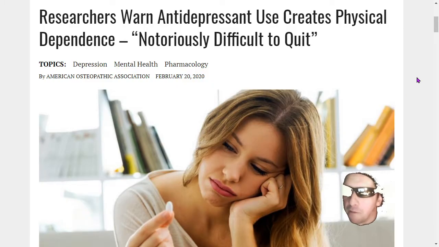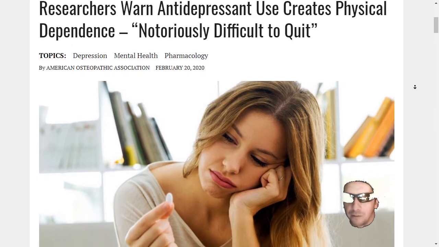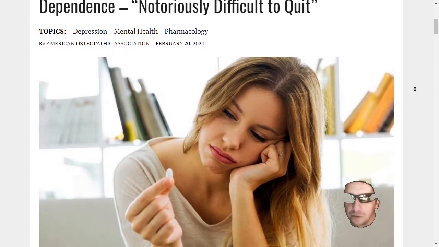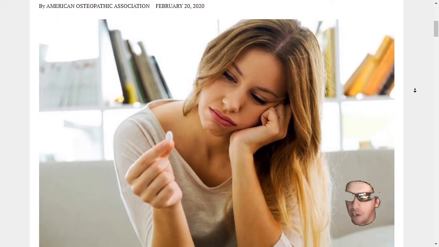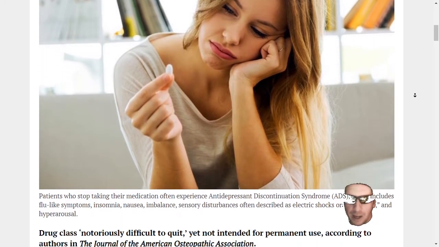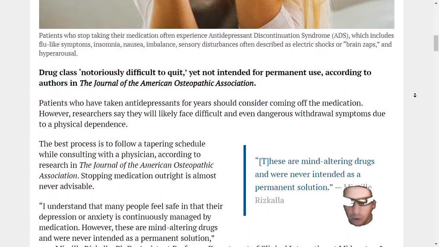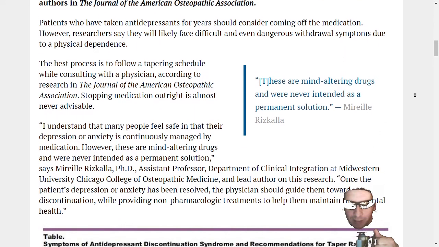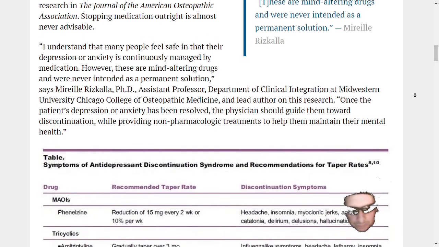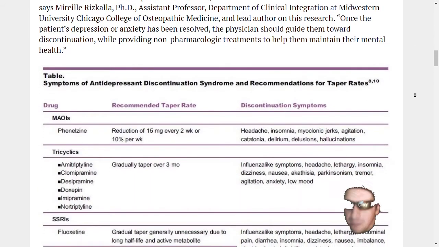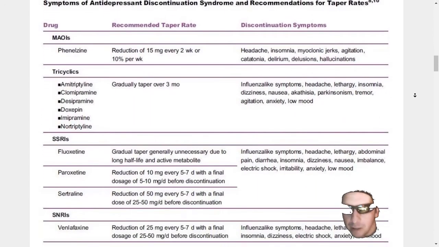Let's talk human health real quick. Were you aware that antidepressant use creates physical dependence, similar to alcohol dependence or benzodiazepine dependence, and it can kill you if you suddenly go cold turkey on your anti-anxiety meds? If you are on anti-anxiety meds, perhaps consider coming off of them.